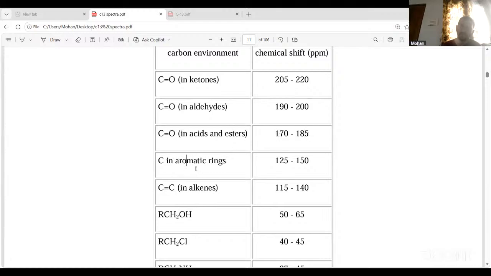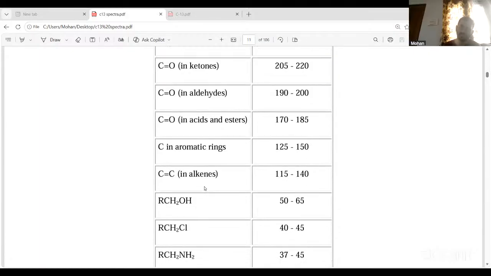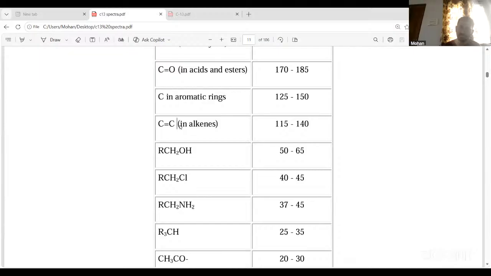And in the aromatic ring, for benzene, the value is 125 to 150. And in alkenes, 115 to 140, right?